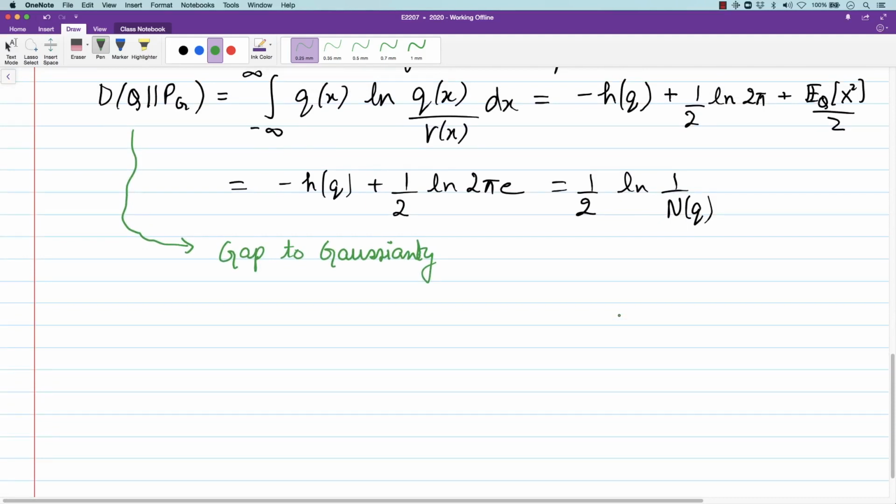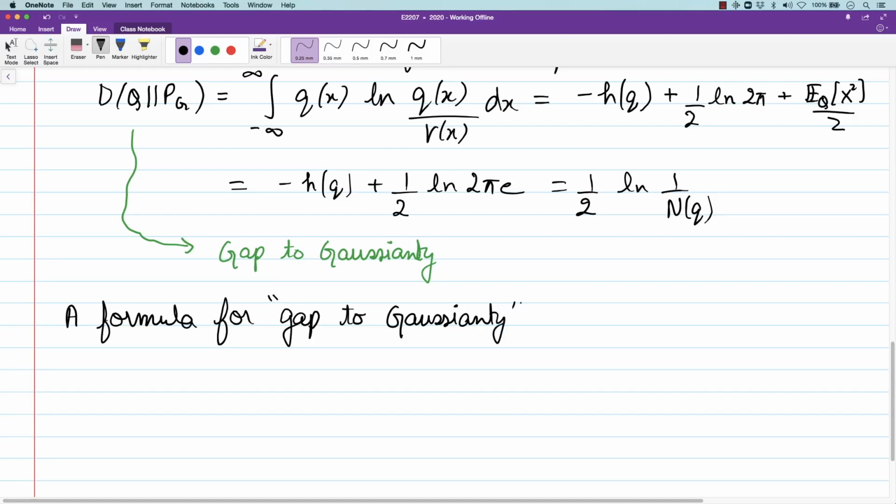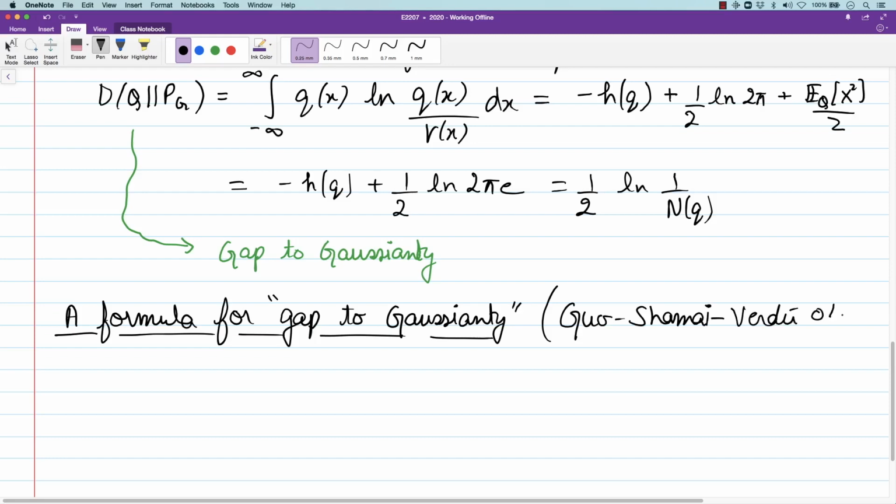Okay. So with this observation, we now recall a formula for this gap to Gaussianity. This is the formula due to Guo, Shamai, and Verdu, 2004. It says that we consider a specific channel.